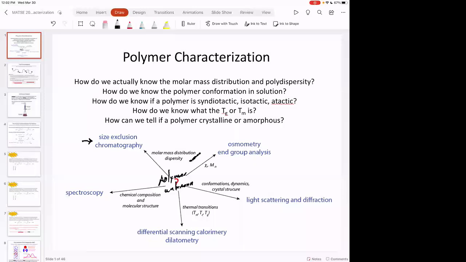Did you guys do TLC in your organic chemistry lab? What does TLC mean in organic chemistry? Thin layer chromatography. So that's a glass slide, and what's that white stuff sitting on top of the glass slide? Silica sort of all stuck together, and you put a drop of your unknown at the top. And then what did you do in TLC? You put that drop on, you wait a couple minutes, or you put it in a solvent.